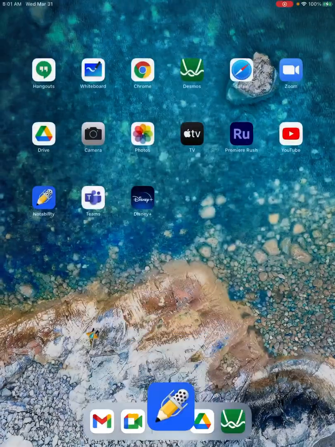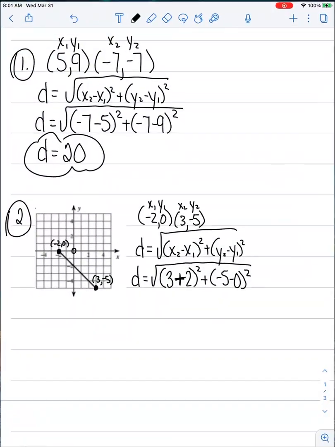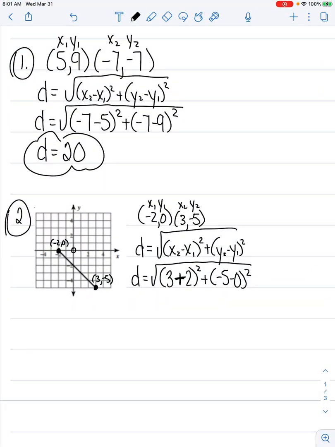And just like before, I'm going to go over to Desmos because I do this for the sake of accuracy. Again, you can do this by hand. I just like to use the calculator for accuracy. Square root symbol, parenthesis, and let me go back and read that point real quick. So I have 3 plus 2 squared plus negative 5 minus 0 squared.